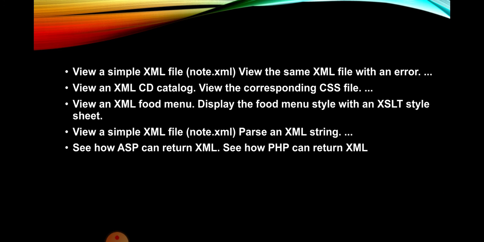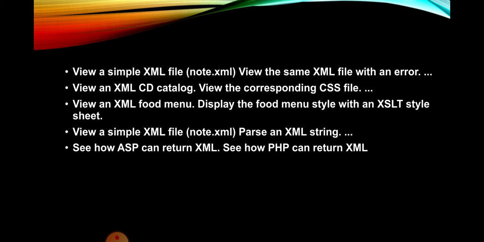So these are examples of XML. View a simple XML file. Note that XML viewed the same XML file with an error. View an XML CD catalog. View the corresponding CSS file. View an XML food menu.